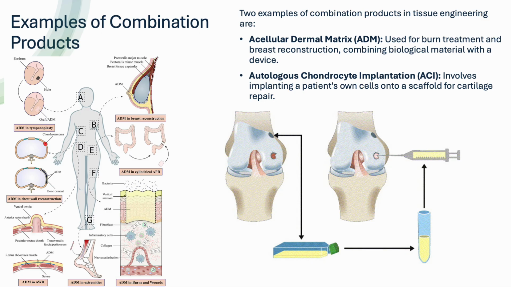Now, acellular dermal matrix and autologous chondrocyte implantation are excellent examples of combination products. So you can see on the left, again, the acellular dermal matrix, or ADM, and on the right side of the slide you can see again a representation of an autologous chondrocyte implantation that involves implanting a patient's own cells onto a scaffold for cartilage repair.